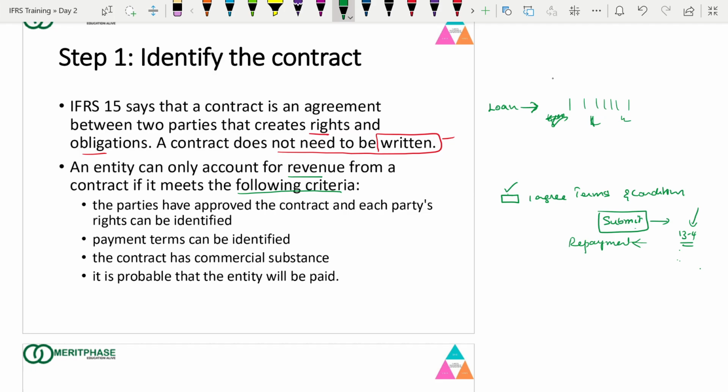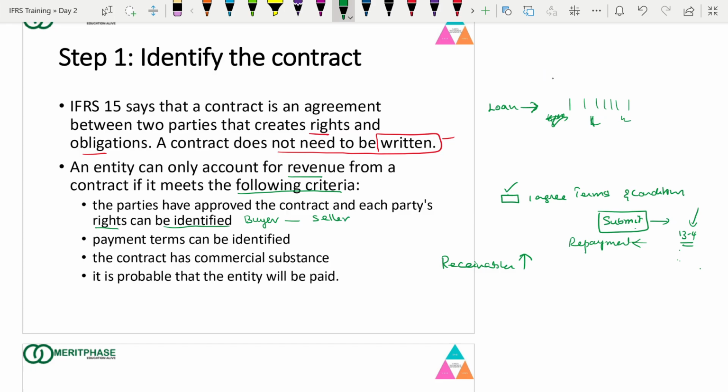Very simple. That is the reason somebody said that we are in the receivables. If receivables are increasing, people are very much concerned. If there is no recovery, there is very much concern. Now, the parties have approved the contract, and each party writes the right of the buyer and the right of the seller.